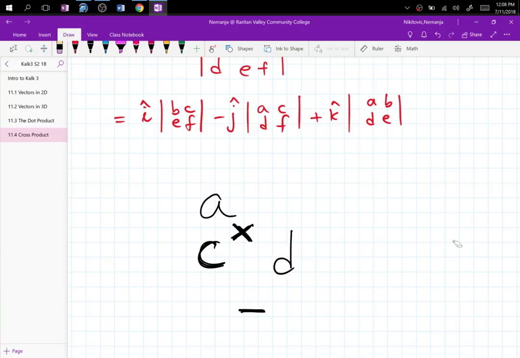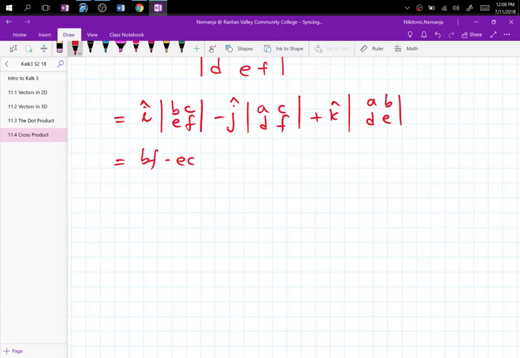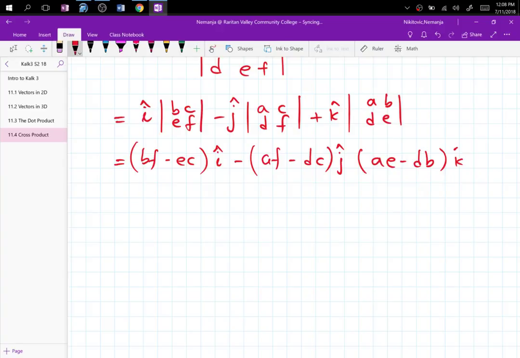So if you apply that rule now, you have (BF minus EC) times i, minus (AF minus DC) j, and then (AE minus DB) k.